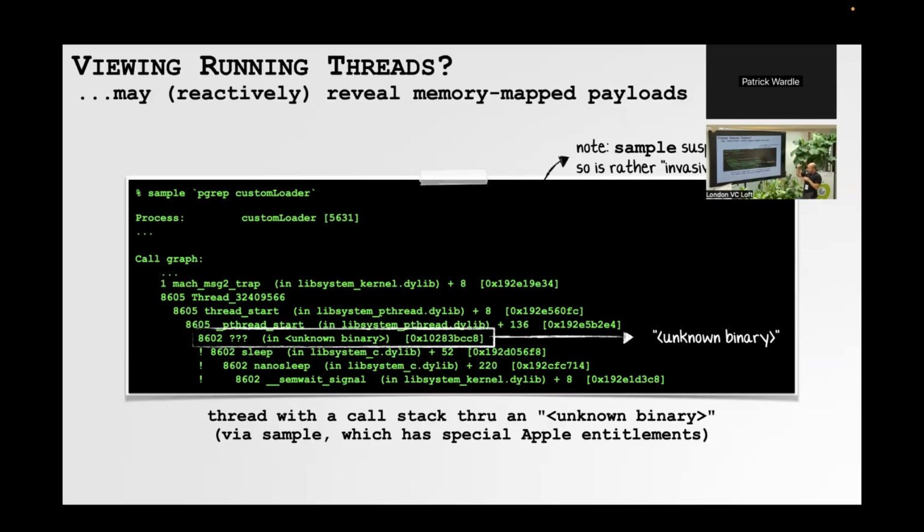So if we run sample against the custom loader, if the in-memory payload is doing anything and has spawned any threads, which it likely will, in the stack backtrace there will be something that sample identifies as unknown binary. It basically says, okay, I see something in the call stack, but it doesn't map to anything on disk. I don't know much about it, but I can at least tell you it's there.